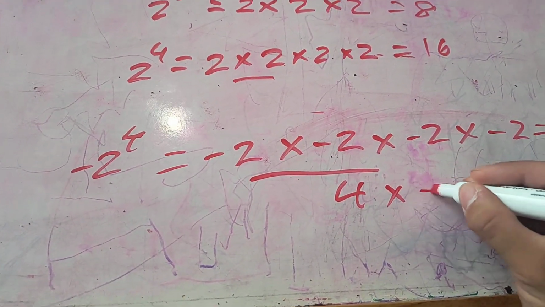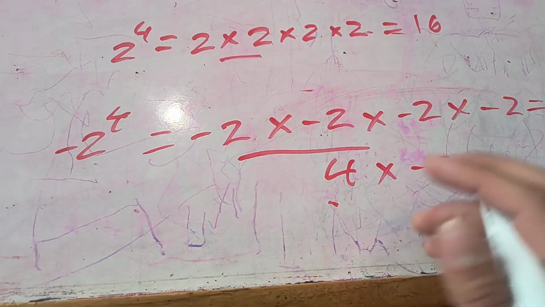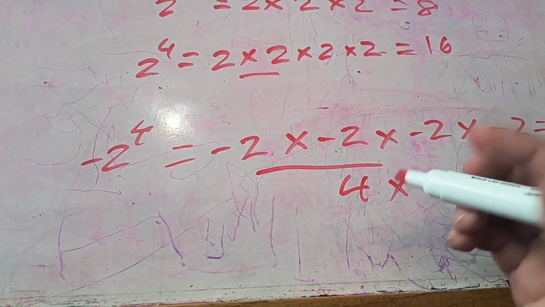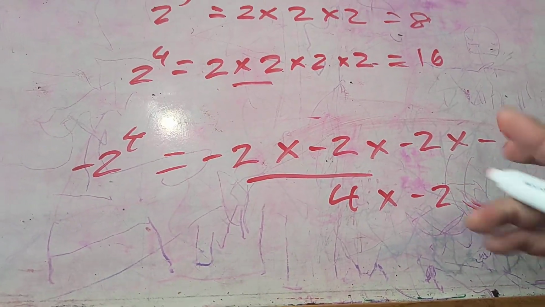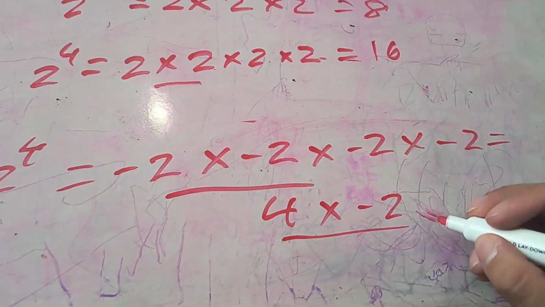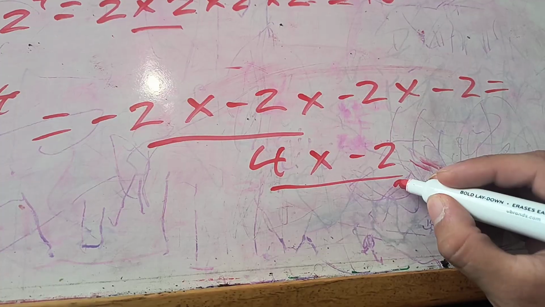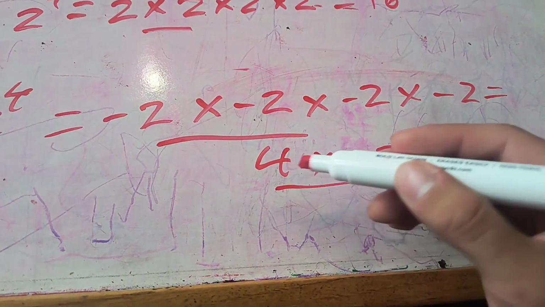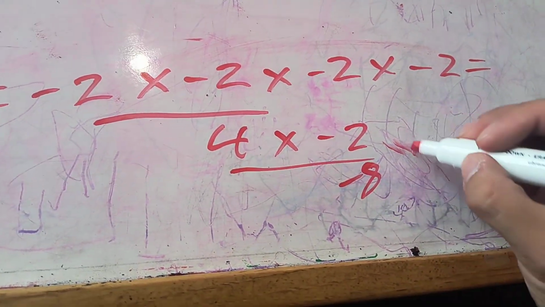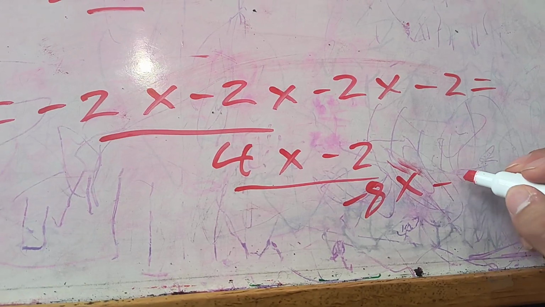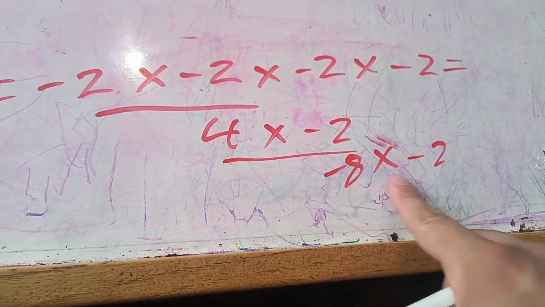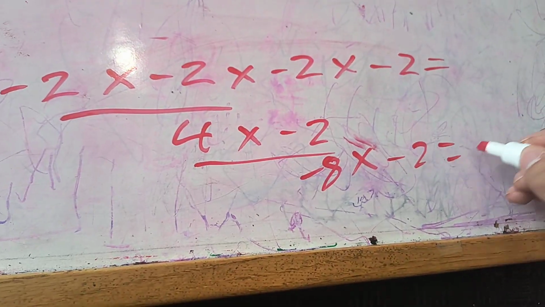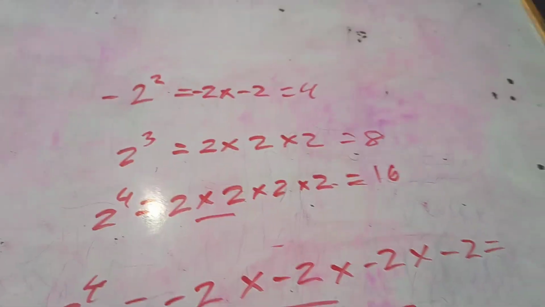And then we have 4 times negative 2. Well, a positive times a negative is a negative. 4 times 2 is 8. So this becomes negative 8. And then times negative 2 would be 8 times 2 is 16, and a negative times a negative is a positive. So this becomes 16. So we get the same number, 16.